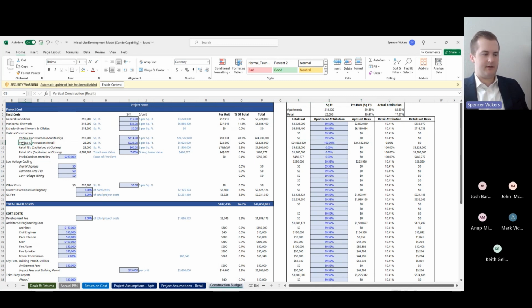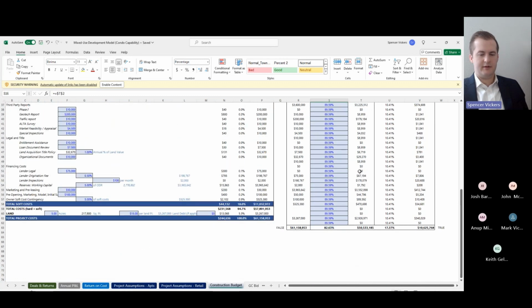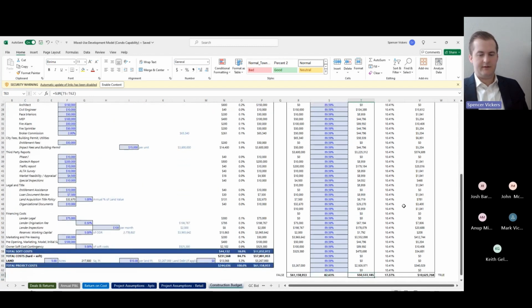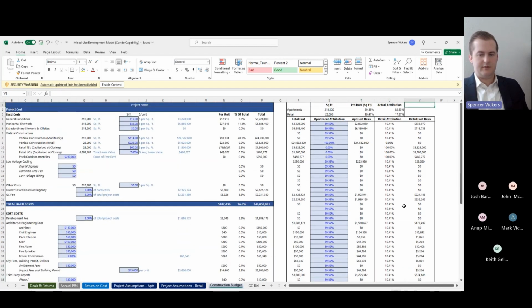Or for things like retail construction verticals or retail TIs, retail LCs, etc., I want all of those costs to flow over to the retail. So I zero that out for the multifamily. All of that then flows down here below to give you the total cost for the multifamily, and then the total cost for the retail, and then the associated cost attribution for those product types.